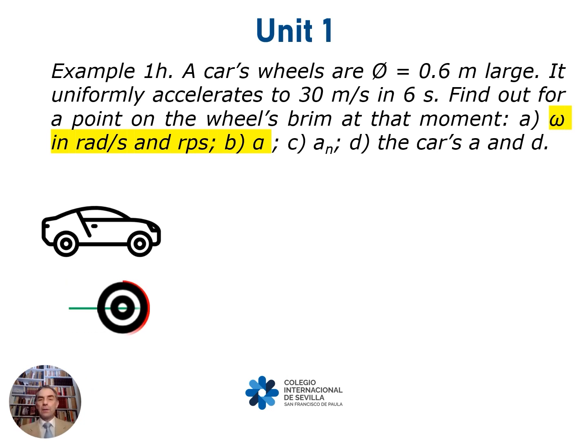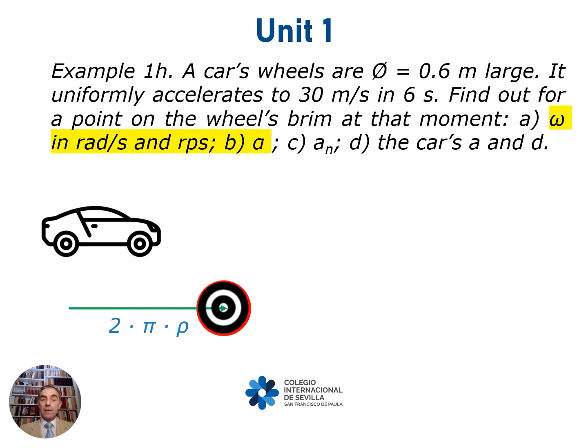As the wheel rotates an entire turn, the distance covered equals 2 pi times the radius. Now we know that the speed equals the angular speed times the radius. Therefore, the angular speed equals the linear speed of the car divided by the radius of the wheel.